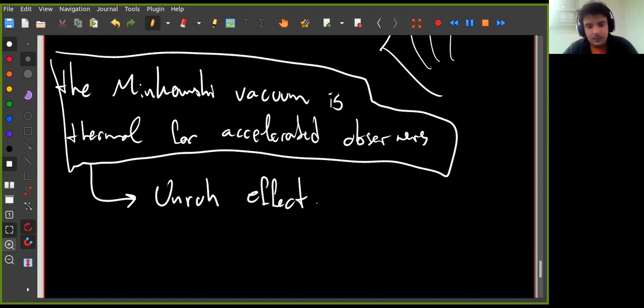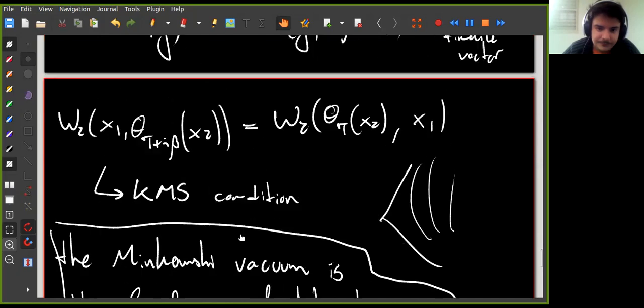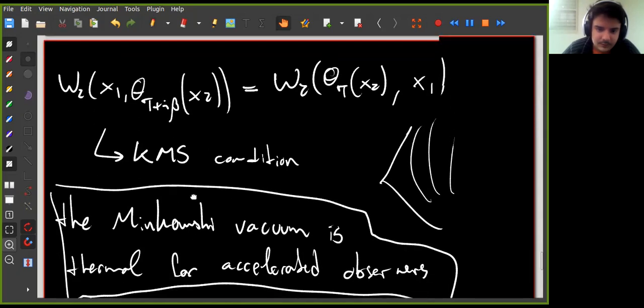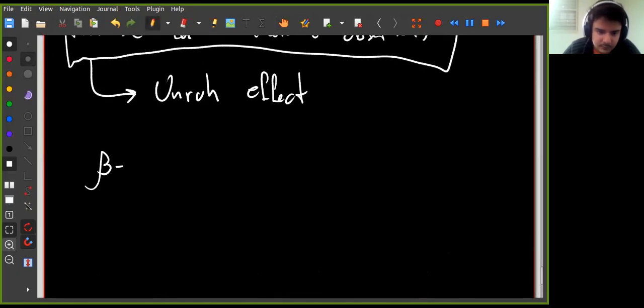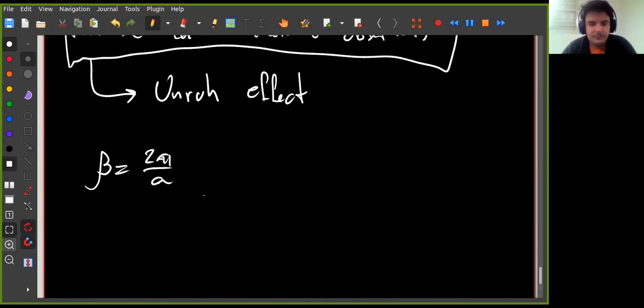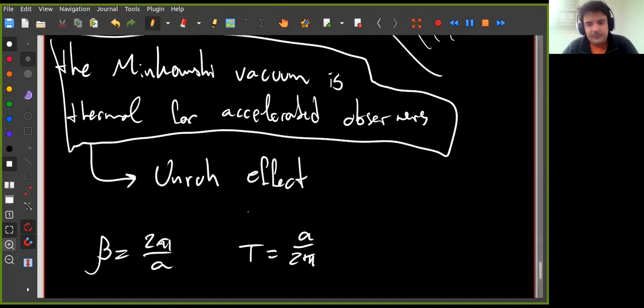No. What happens in here? Oh, by the way, I should have mentioned that beta equals 2 pi over a. So the temperature is a over 2 pi. The faster it accelerates, the higher the temperature. But no, it's not related to having different accelerated observers. What happens with the vacuum not being unique is simply that I can choose different options that are still Gaussian and pure.